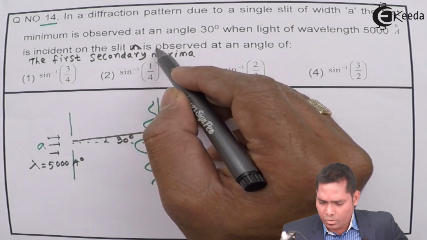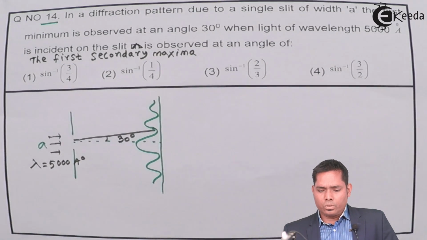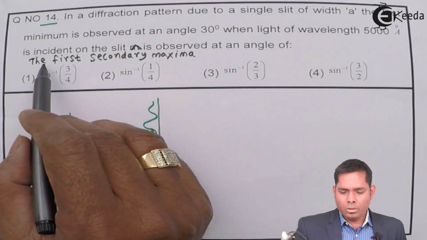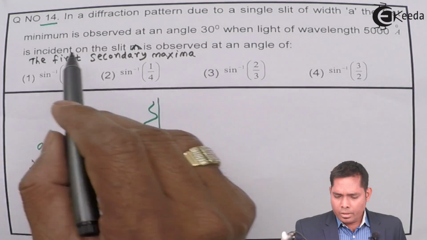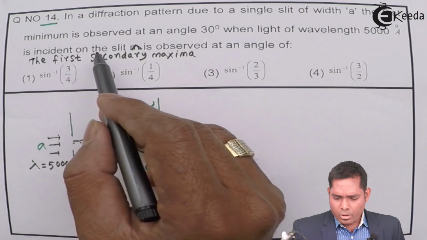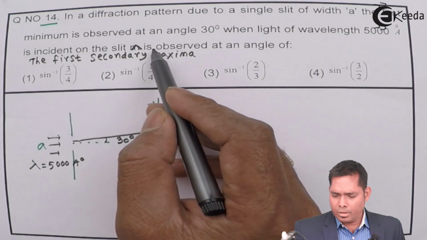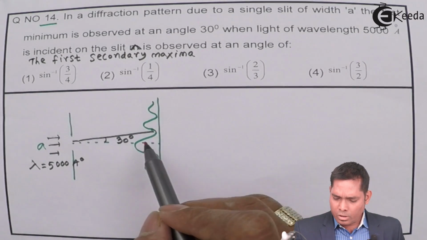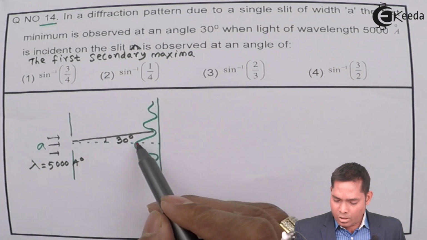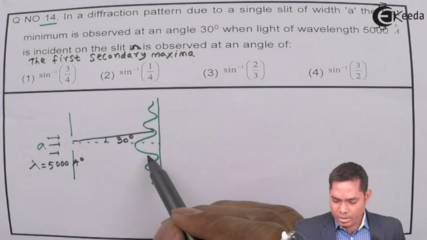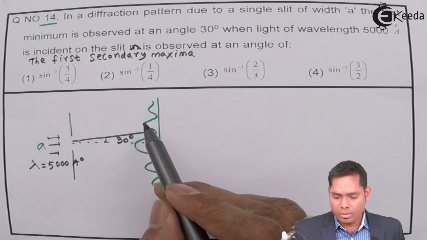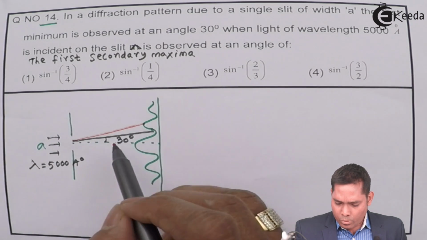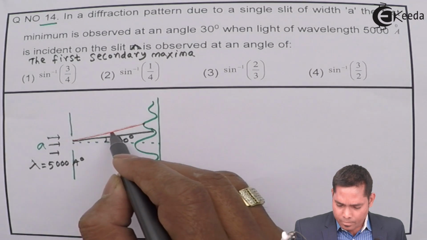I write here: the first secondary maxima is observed at an angle of. That means he's talking of the first secondary maximum. This is the central maximum, and this is the first secondary maximum. So this first secondary maximum is found here, and the question is to find this angle.